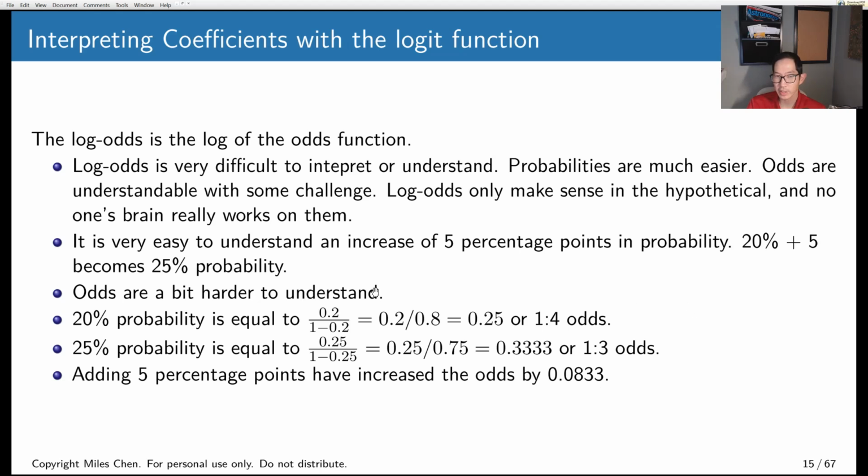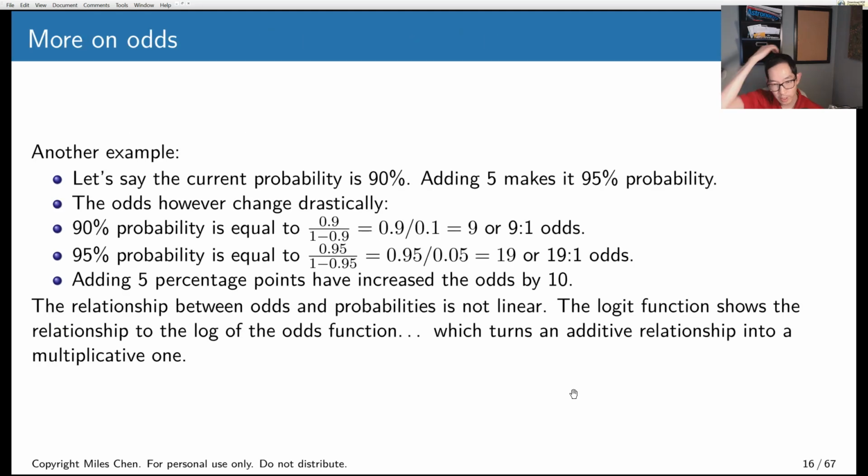Adding 5 percentage points to our probability of success, going from 20% to 25%, increased our odds by 0.0833.